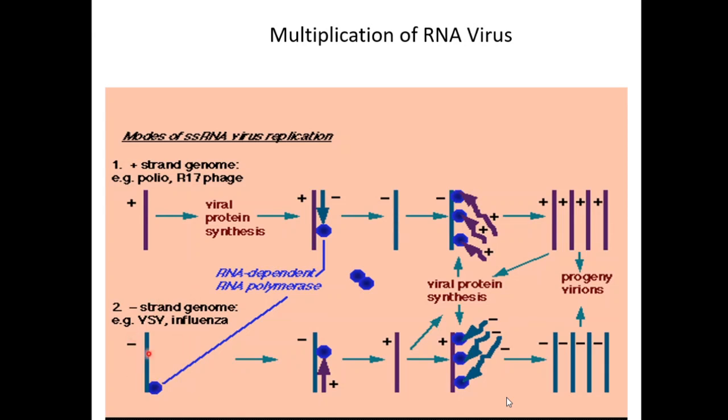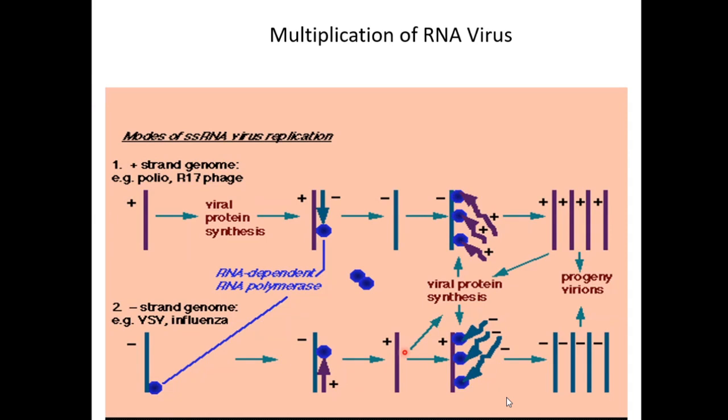viruses like influenza always carry their own RNA-dependent RNA polymerase. Without this, the genome can be useless because it cannot be translated into protein in the cell unless you have the polymerase. And once it is translated, you have more copies of positive.